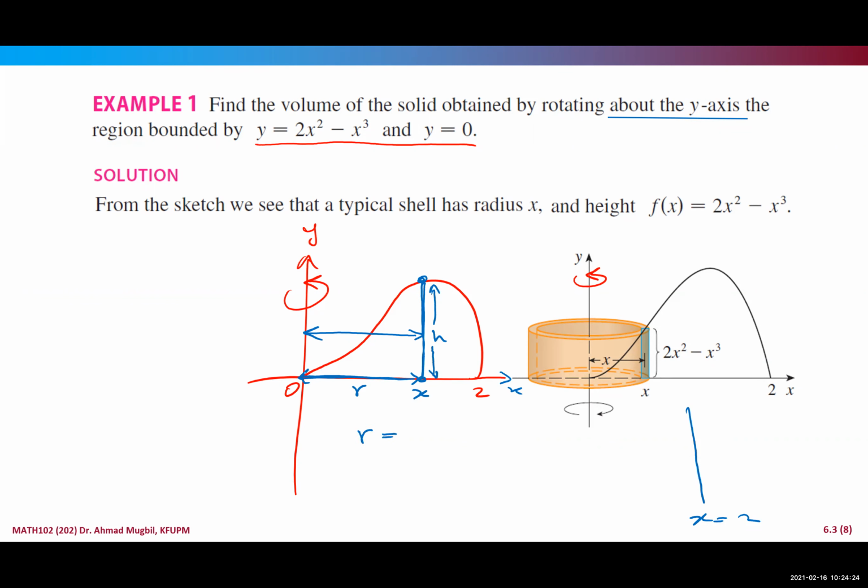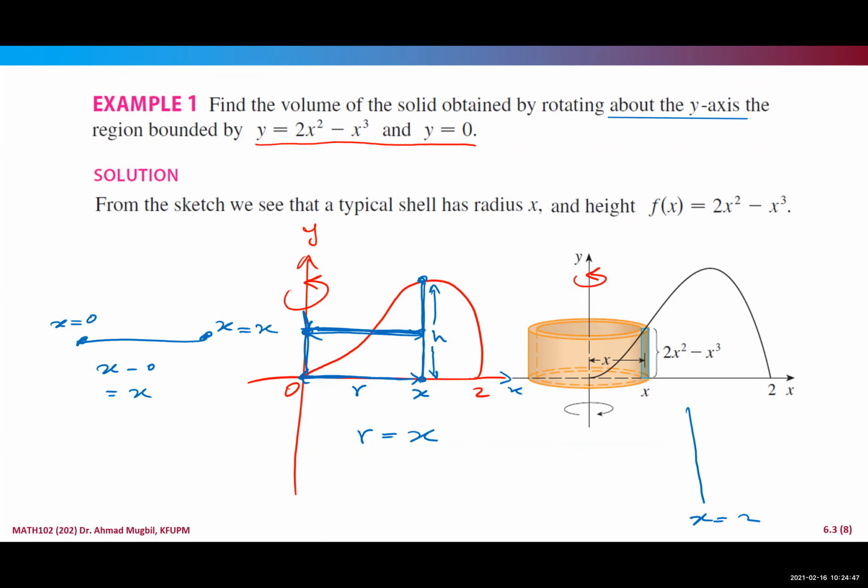What is the distance from here to here? Just look at this. Ask yourself, what is the length of this line? What is x here? X here is x, the variable. And what is x here on the y-axis? 0. So the length here will be x minus 0. It is x. So the radius here is x.